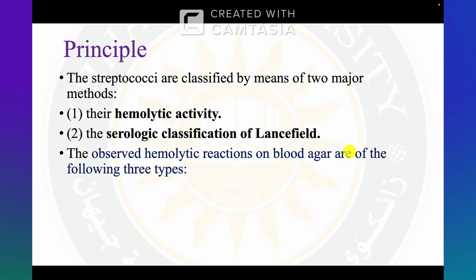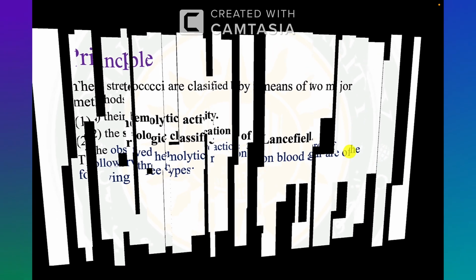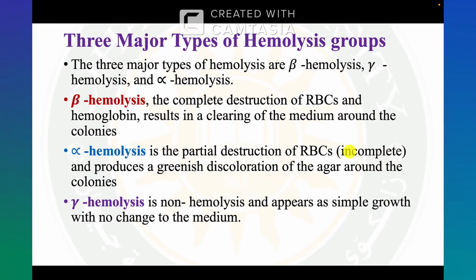Our practical today is according to hemolytic activity. Based on hemolytic activity, we have three types of hemolysis: beta, alpha and gamma.